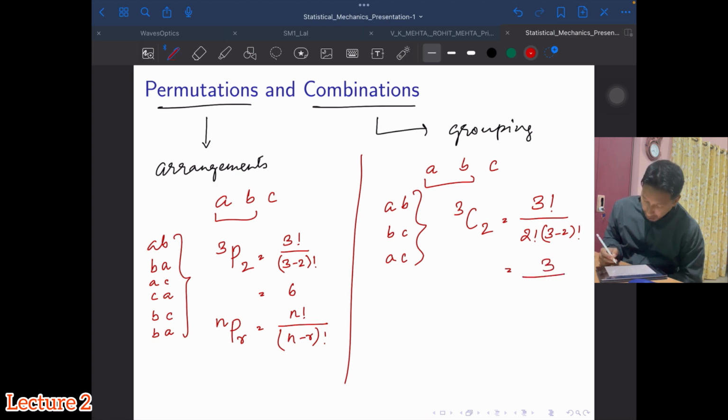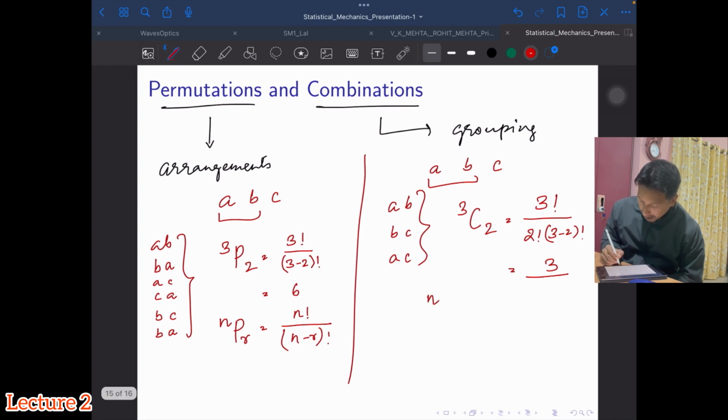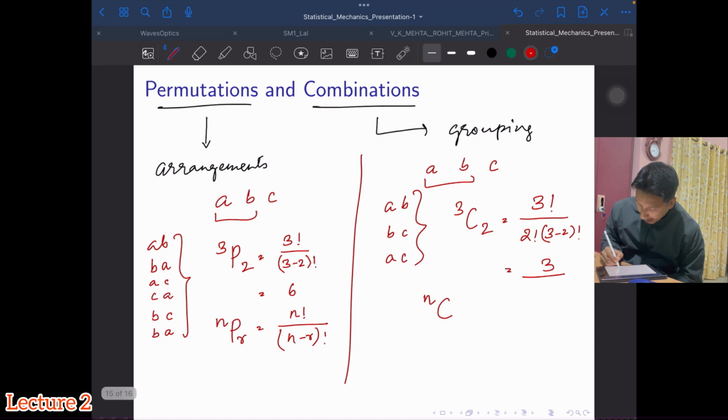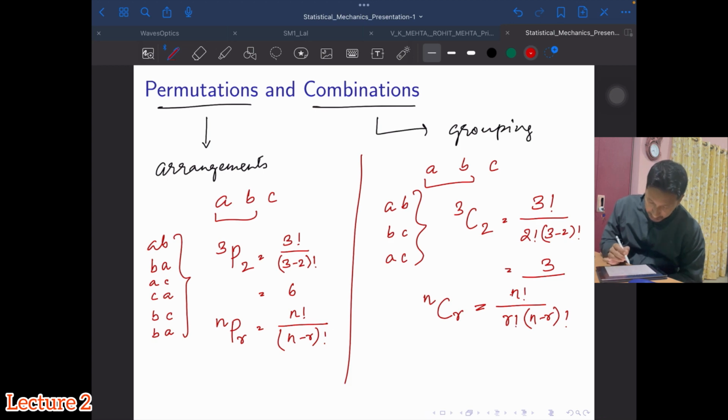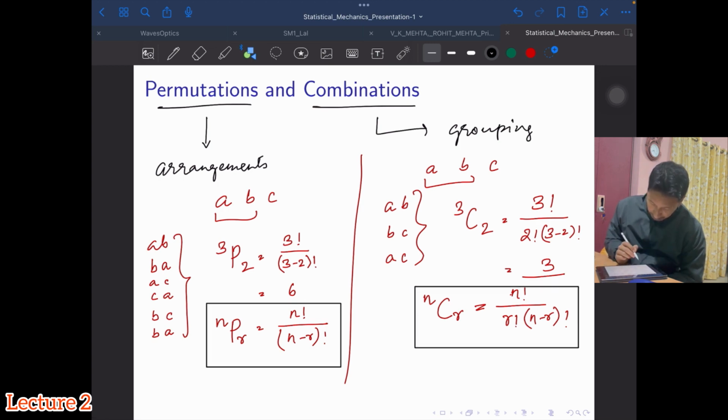The general formula: if there are n objects and I form groups taking r at a time, the number of ways is n factorial divided by r factorial times (n minus r) factorial. These are the 2 formulae which are very important to remember.